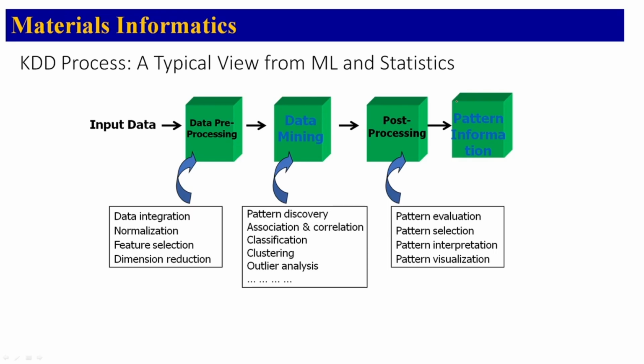It can be related to pattern discovery, classification problems, clustering problems, or even outlier analysis. Okay. After that, you have to do some post processing, where you can evaluate the patterns, select the patterns, sometimes you can even visualize the patterns, and finally, information is created. Okay. So, this is a much simpler way how KDD actually works.